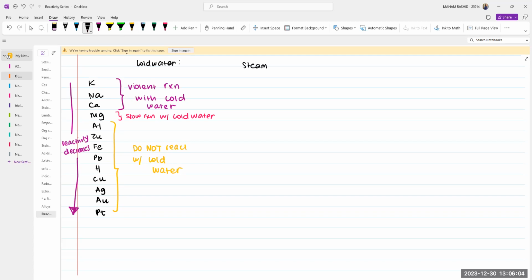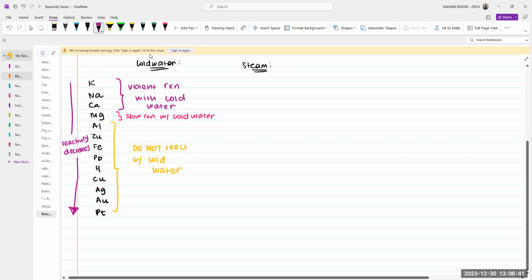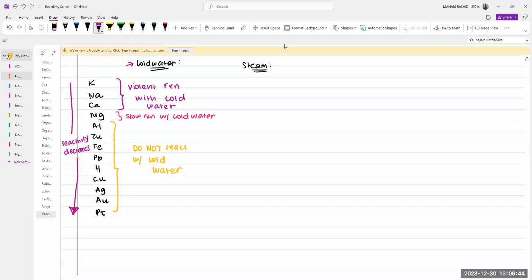Now we talk about steam. So in the case of steam, the first three metals have a very violent or explosive reaction, meaning if you compare the reaction of cold water with these three metals and the reaction of steam with these three metals, steam will tend to react in a much more violent way, which is why we're also referring to it as an explosive reaction, right?